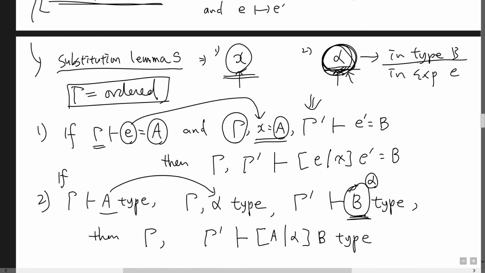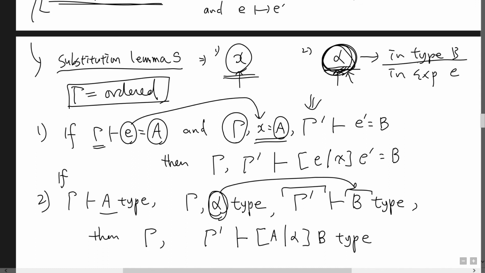But it turns out that this is not the end of the story, because yes, of course, this alpha might appear in type B, but the same type variable alpha might appear inside the typing context gamma prime as well, but not in gamma, because this gamma is found to the left of this type variable declaration. So for instance, inside this typing context gamma prime, we might have a type binding, something like y: alpha arrow alpha.